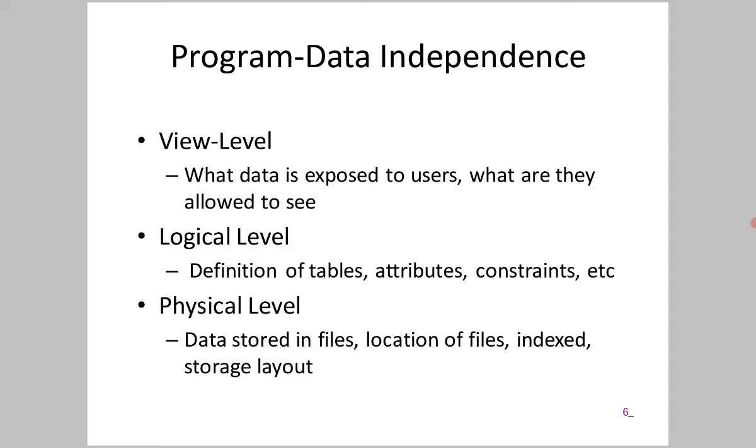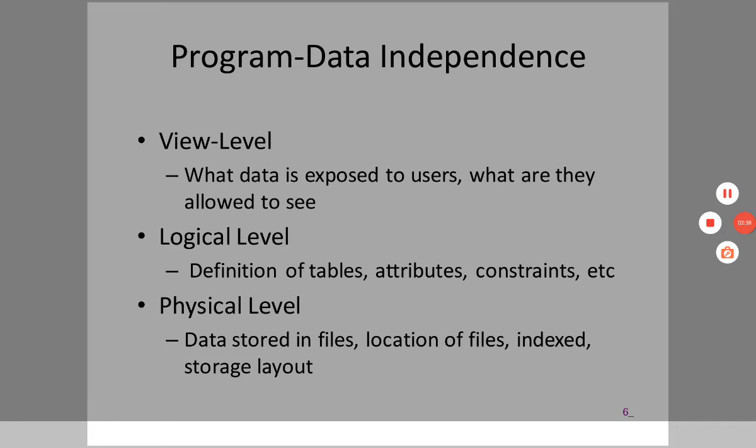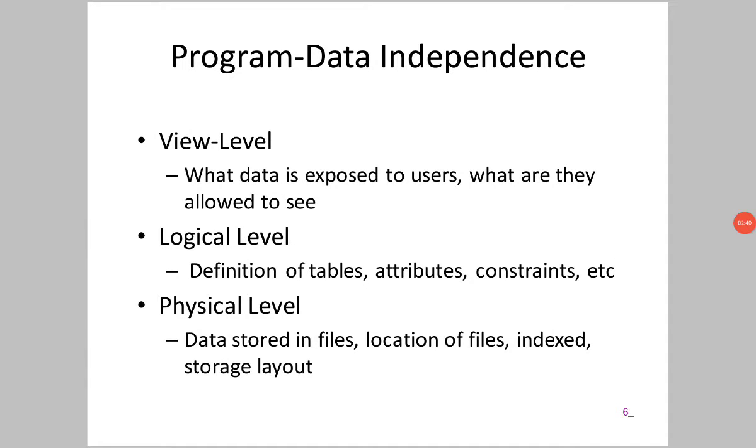So what are the three types of data views or data levels? In the three-level architecture, the first level is the conceptual view, meaning what data is exposed to users, how users view the data, and what they are allowed to see, what they can access from the data.